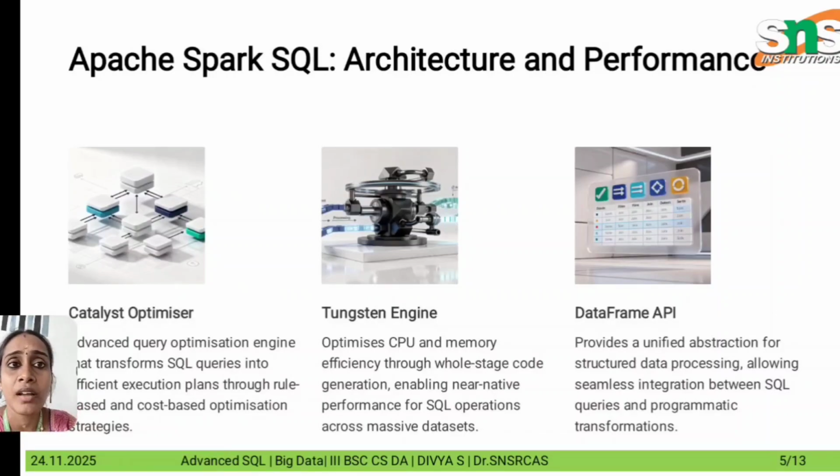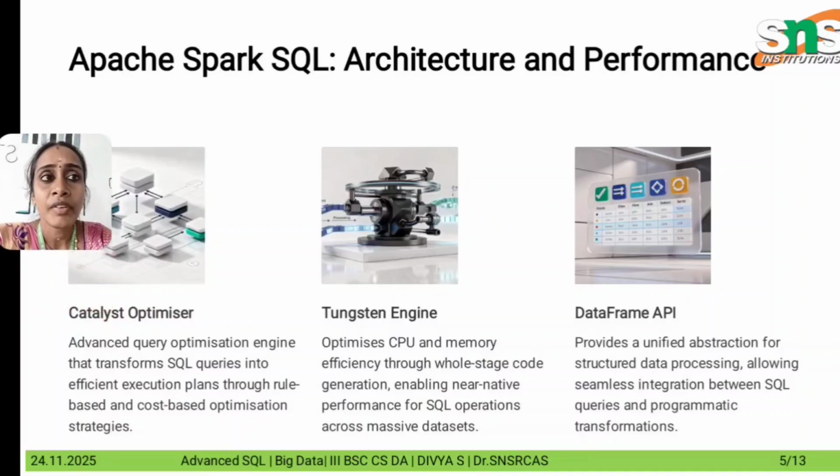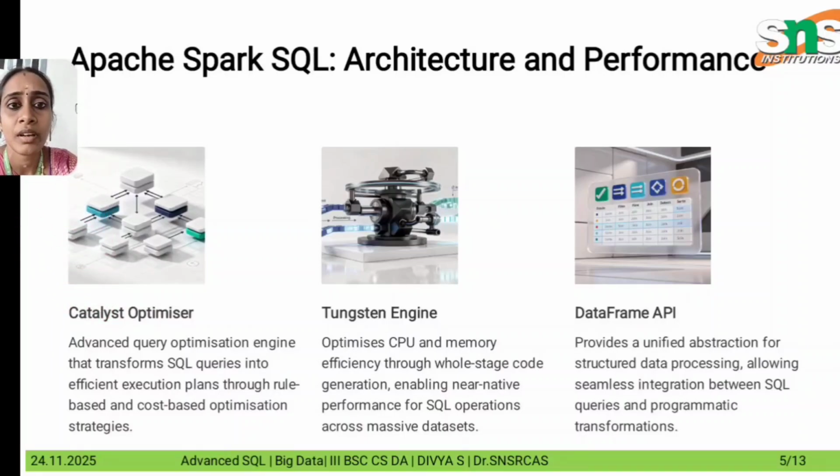Next, the Apache Spark SQL architecture, which has performance advantages in three categories. First, the advanced query optimization engine that transforms SQL queries into efficient execution plans through rule based and cost based optimization strategies. Second, CPU and memory efficiency through whole stage code generation, enabling near native performance for SQL operations across massive data sets.